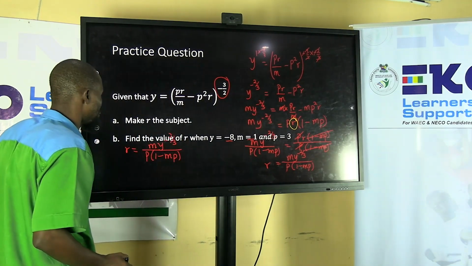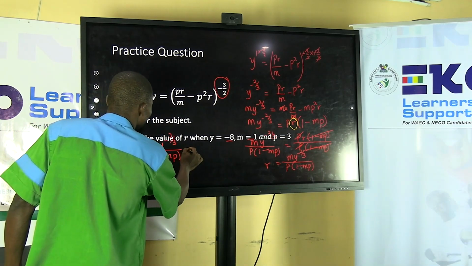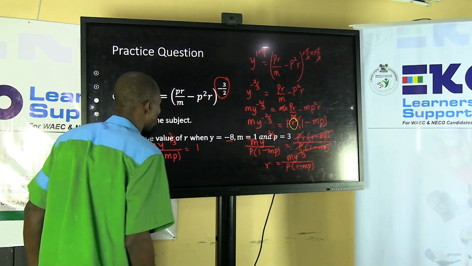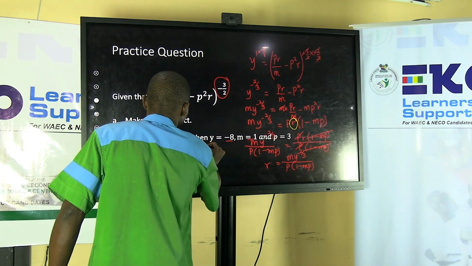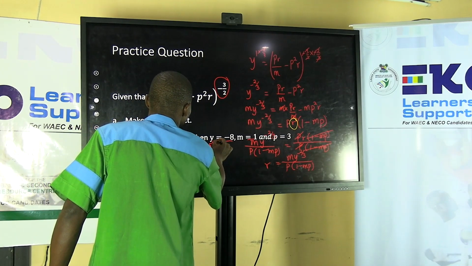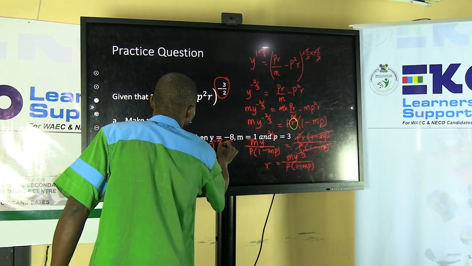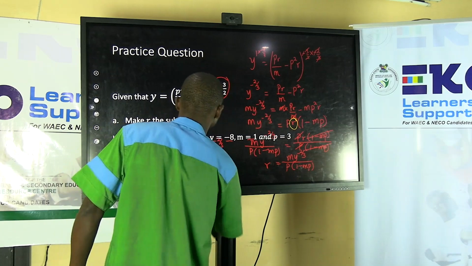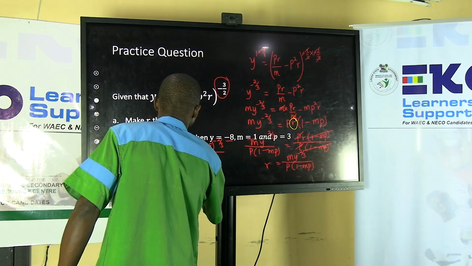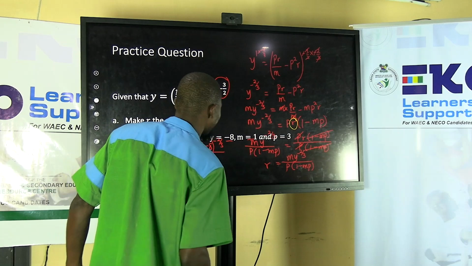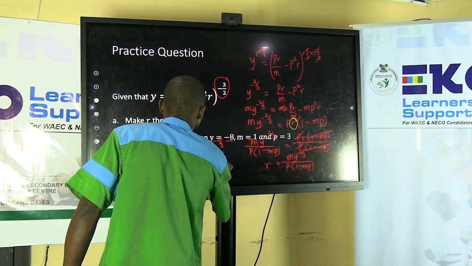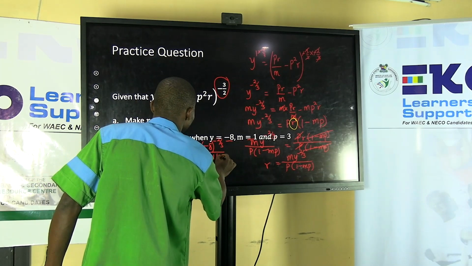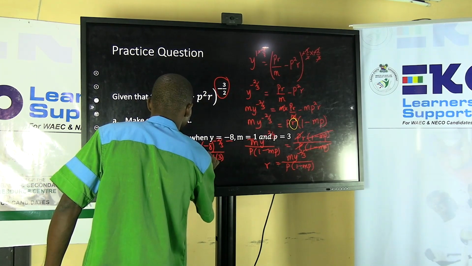Alright, so let's substitute. We have m is now 1. Y is now minus 8 raised to power minus 2 over 3 divided by p. P is 3. 1 minus mp. M is 1 multiplied by p, which is 3.